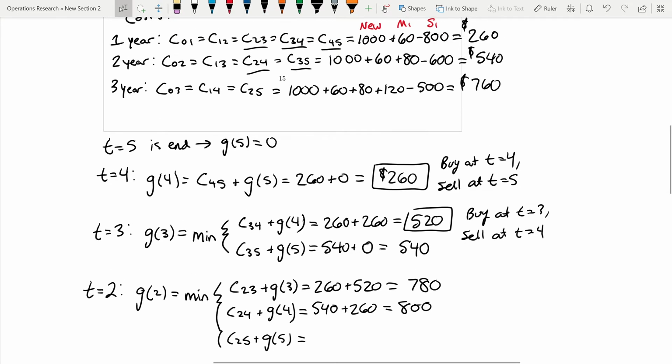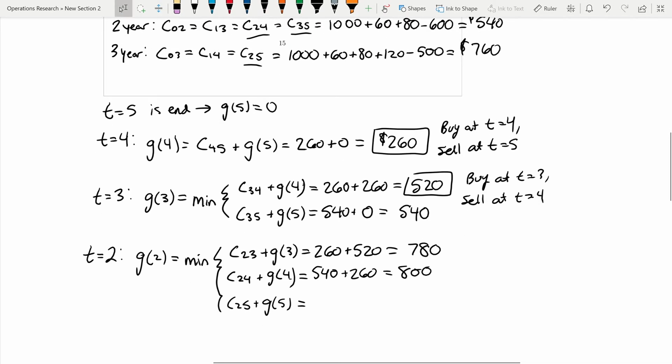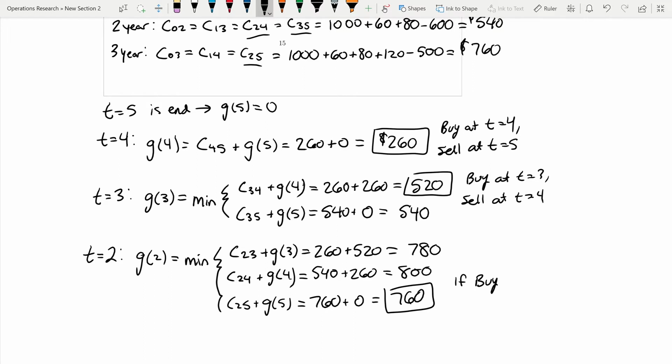So 2 to 5 down here is 760. Adding our G5, which is just 0, gives us 760 here, which is going to be the lowest of the 3 options. So if we find ourselves at year 2 needing to make a decision, we should buy at year 2 and sell at year 5.